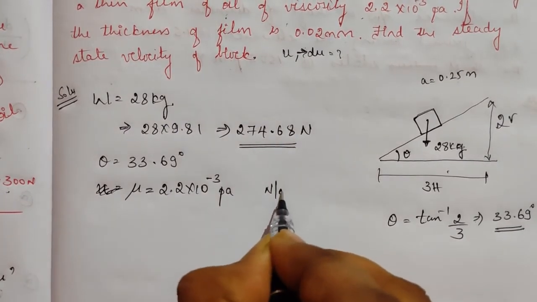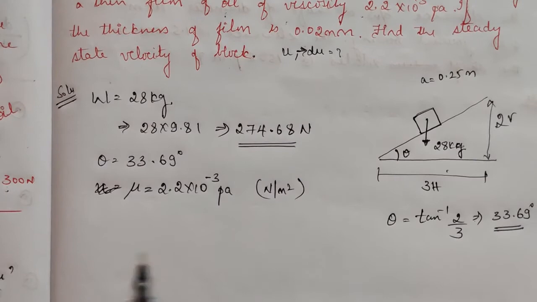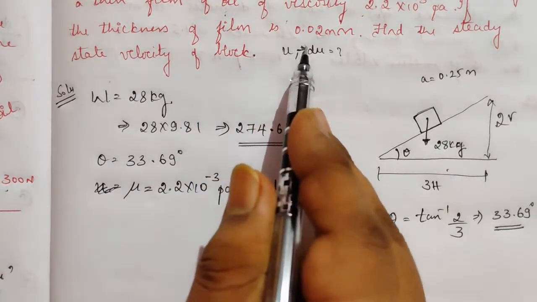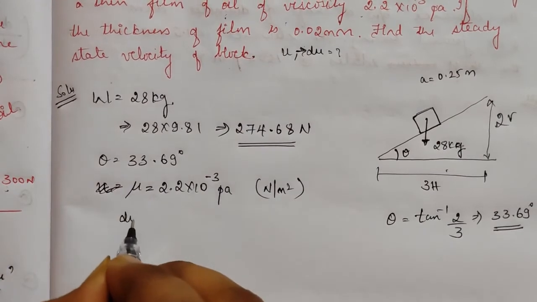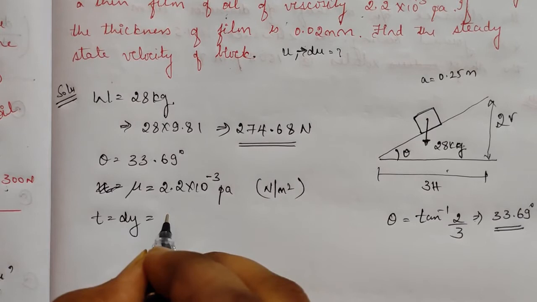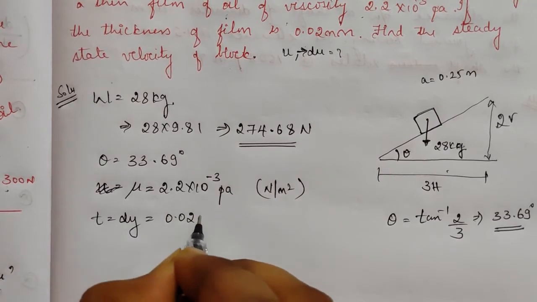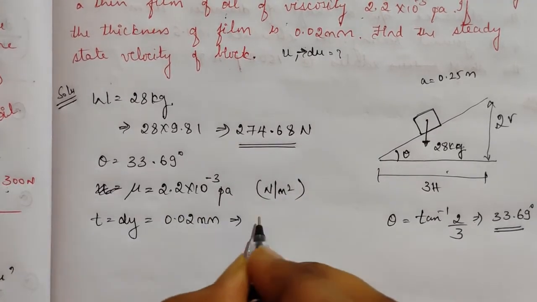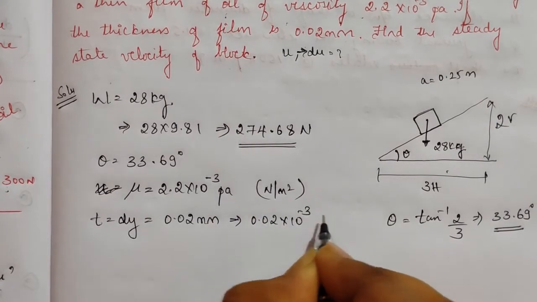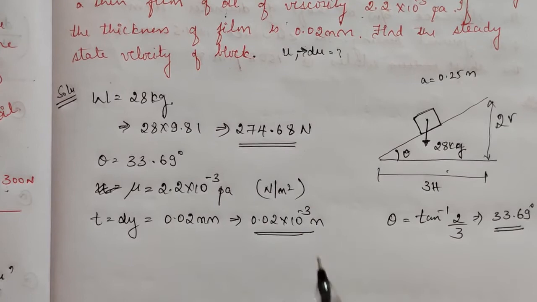Pascal means Newton per meter square, both are the same. Then what is given? The thickness of the film, dy or t, is 0.02 mm. I can convert it into 0.02 into 10 power minus 3 meter.